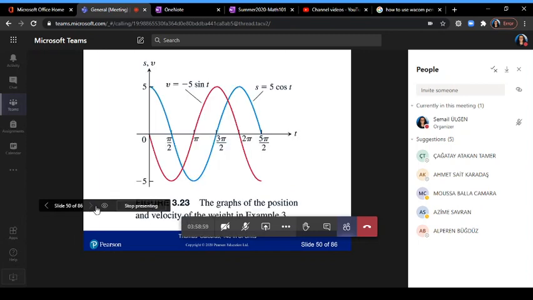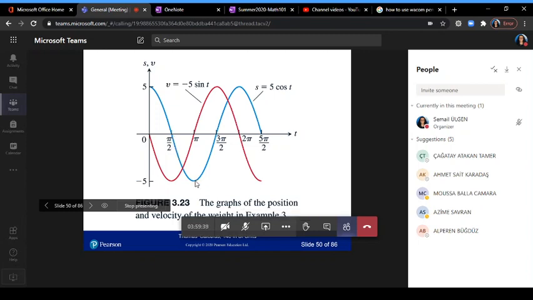So therefore we expect that its position function is going to be represented by either cosine or sine, because it's periodic, right? It goes between -5 and 5. At the initial position, let's say time t is equal to 0, it's going to be 5, and then at t equal to pi over 2, it's at the rest position.